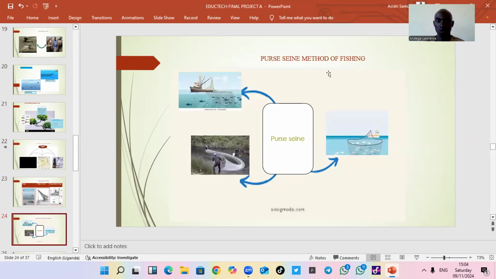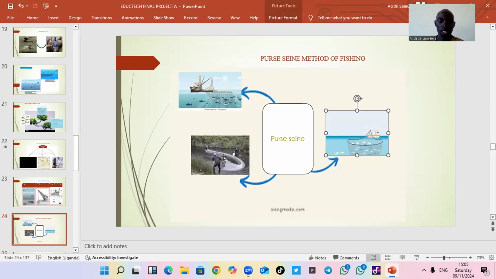Another modern method of fishing is the purse seine method of fishing. Here I have also used the mind map supported by pictures. In the purse seine method, we can see here that the fish are caught using nets. But what makes it different?